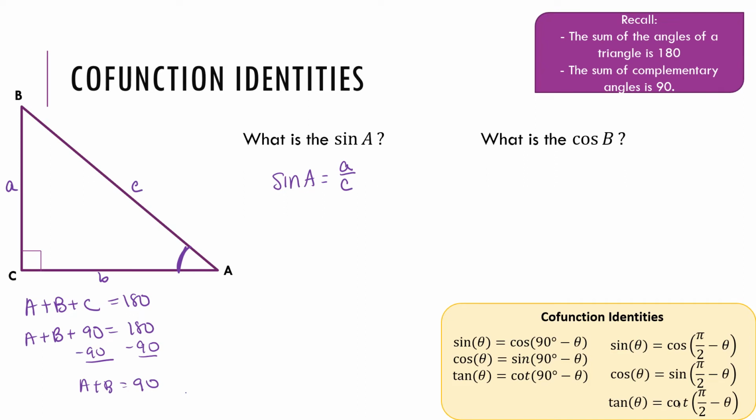All right, notice that it says cosine of angle B. So instead of looking at angle A, I'm going to come up to the top and look at angle B. The cosine of angle B is equal to B over C. No, cosine's not B over C, it's A over C, right? Adjacent over hypotenuse. Well, that's funny, because that means they're equal, and by the transitive property I can set them equal to each other.